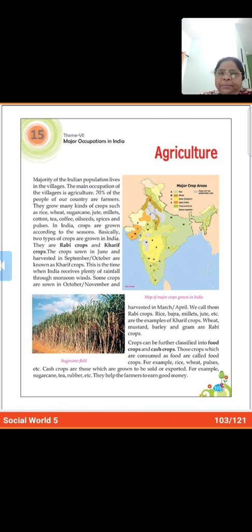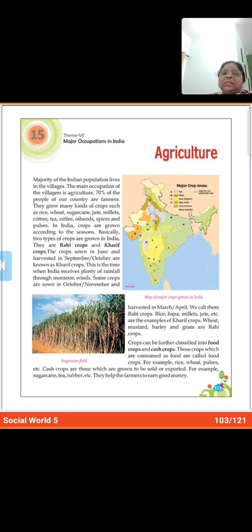Now you know children, basically India is an agricultural country. And the history of agriculture began thousands of years ago. You know, people did not know about cooked food or how to grow crops. So it started thousands of years ago.